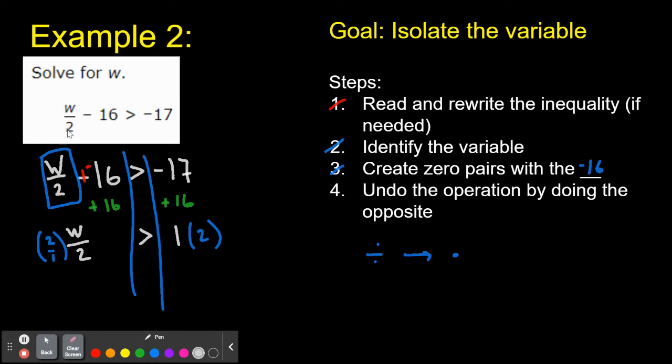I multiply this side by 2 because 2 times w is 2w, 1 times 2 is 2. And right there we have the 2 divided by 2. That creates a 1w. And on this side, we have 1 times 2 is 2. So in the end, 1w is greater than 2.